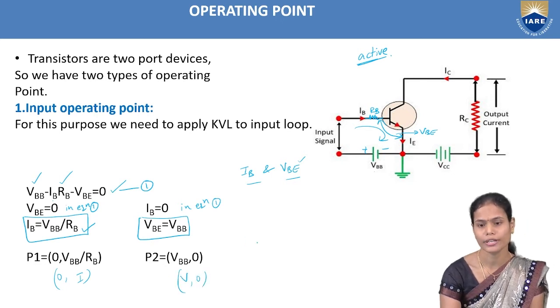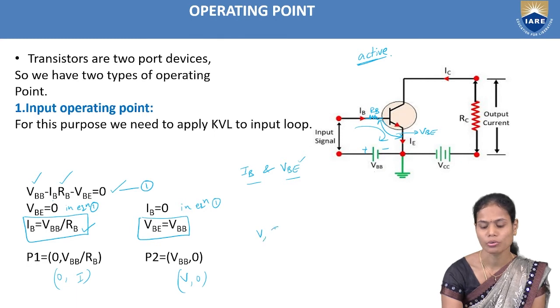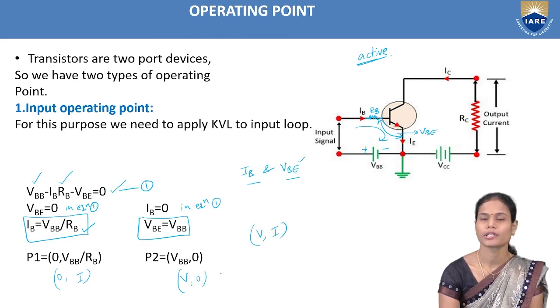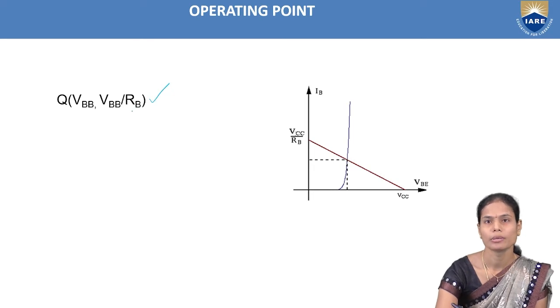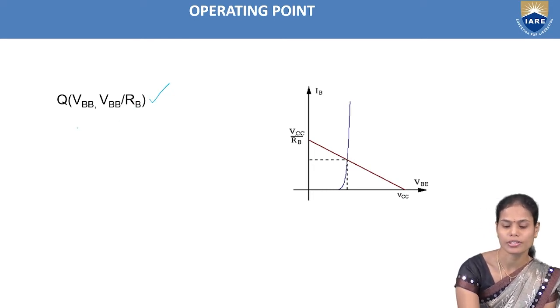An operating point is the combination of voltage and current, which may be input or output. So this is the operating point we got: input voltage and input current.